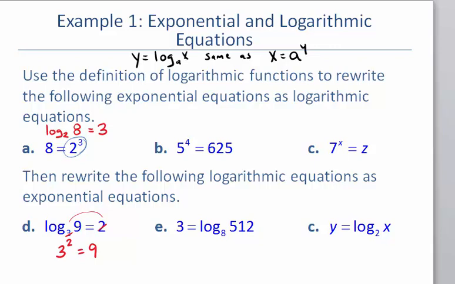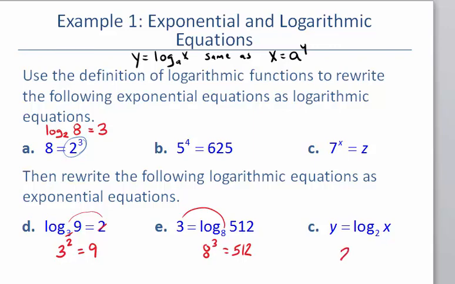All right, so what about part E? 3 is equal to log base 8 of 512. So start with your base, which is 8. Go to the other side and get your exponent. And then set it equal to the part that's left. So equal to the 512. All right, part C. y is equal to log base 2 of x.